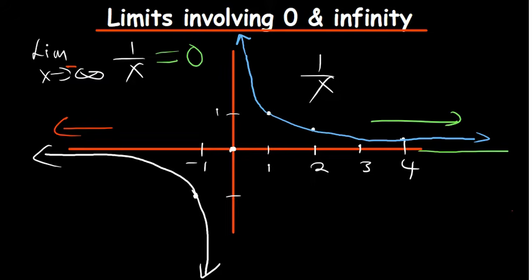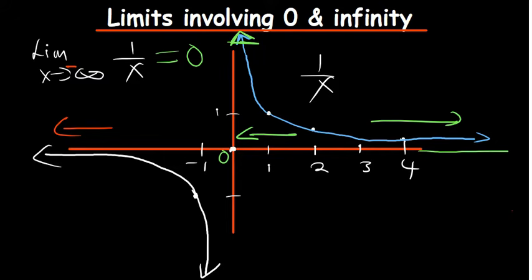If we do the opposite, x approaching 0, as the values of x are getting smaller and smaller, we are seeing that the graph is going upwards. It's going up and up and up.